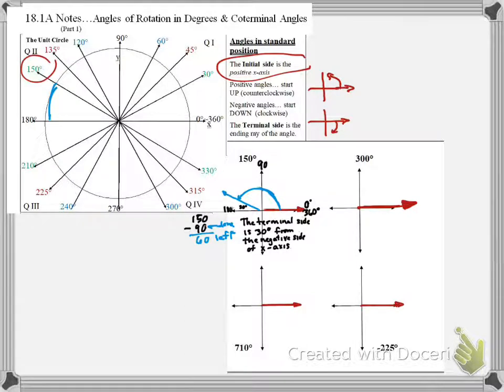Now, when you draw your picture, I would like to have you label either how far it is from the x-axis or how far it is from the y-axis. But since later it will be the x-axis that we have to do, that's usually what I'm going to be drawing. Sometimes I'll put in both.